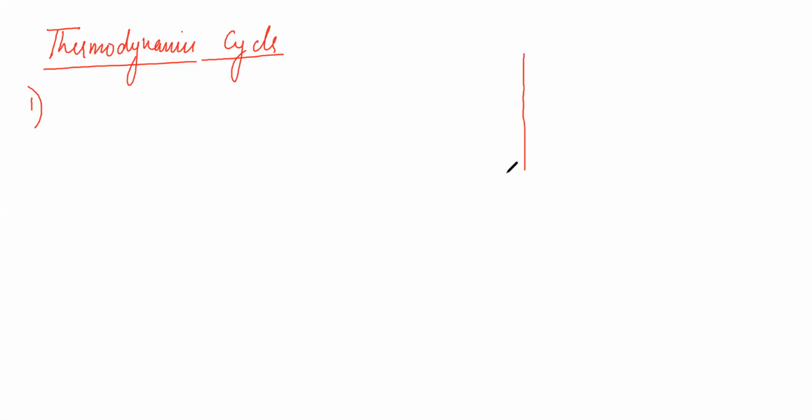If I draw in a coordinate system, suppose this is one point, this is another point, this is point 1, this is point 2. If I say it is a process, then the process is carried out between 1 to 2, right? Likewise, the process is carried out between 2 to 1. But the combination, you can say that the process starts from 1, ends at 2, and again starts at 2 and ends at 1. So this is a complete cycle because the initial point and the final points are same.